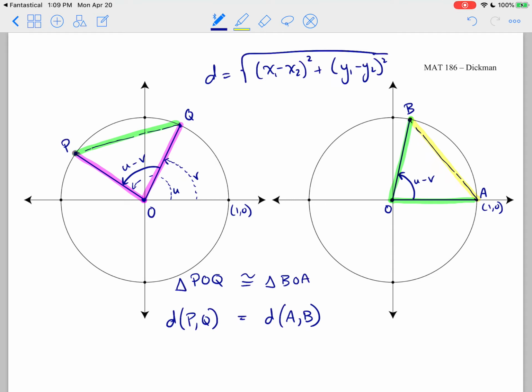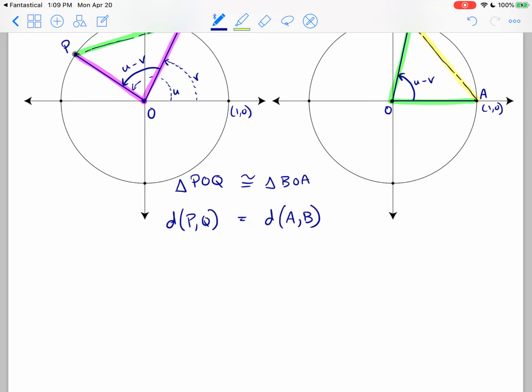Okay. Now it's just easier to work with this expression if we don't have the square root here, and we can get rid of that by squaring the distance. And so that's actually what I'm going to do, I'm going to square both sides here. And if the distances are equal, then the squares of the distances should also be equal. And this is just going to help us algebraically.